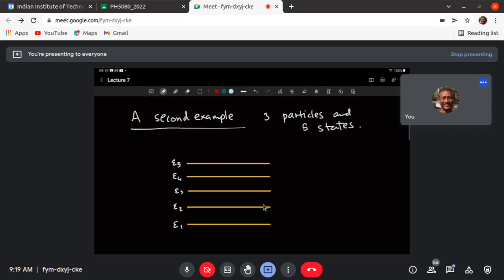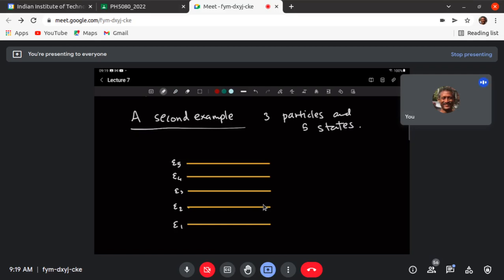So there are 5 states, and I have 3 particles. What I have in mind is 3 particles in a box, say. All of them you can quantize. So for each of them, you will say there are 3 quantum numbers. That way you will get an infinite number of states.